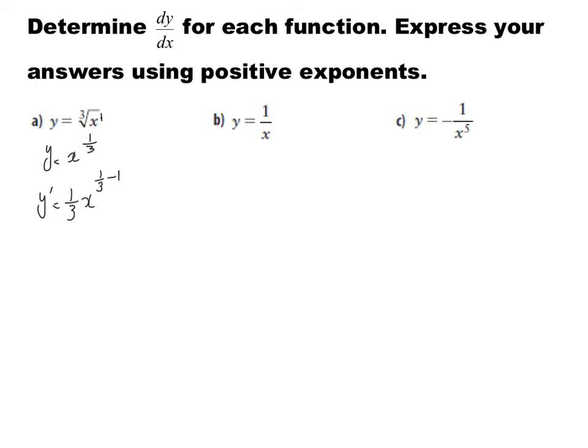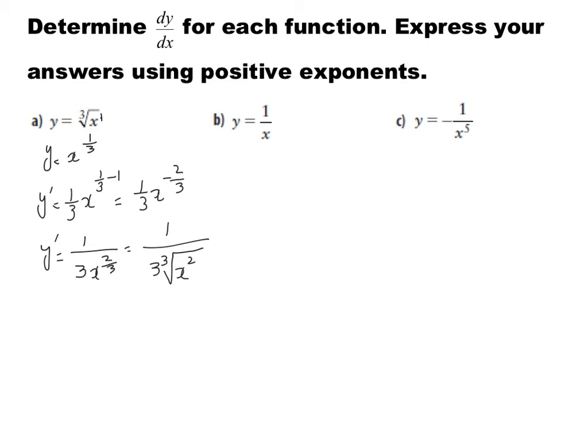Remember, for x exponent n, the derivative is n x exponent n minus 1. So y prime is going to be equal to 1 over 3 x exponent negative 2 over 3. So I can write this one as 1 over 3 x exponent 2 over 3, which is 1 over 3 cube root of x squared.